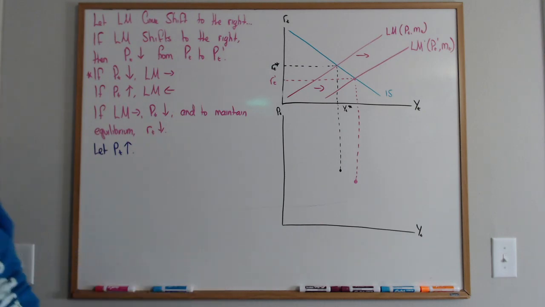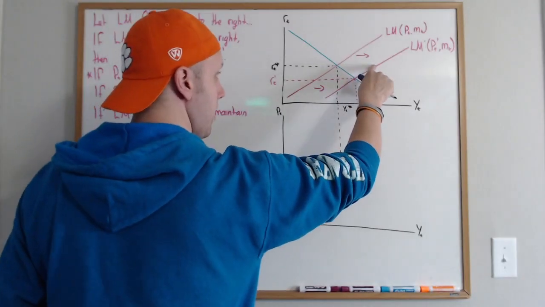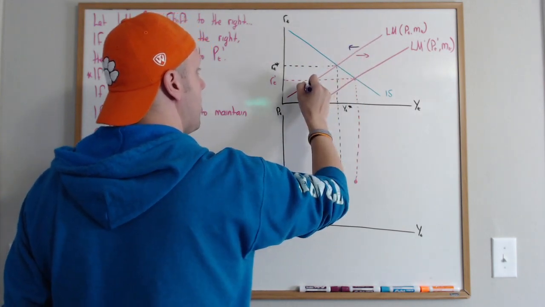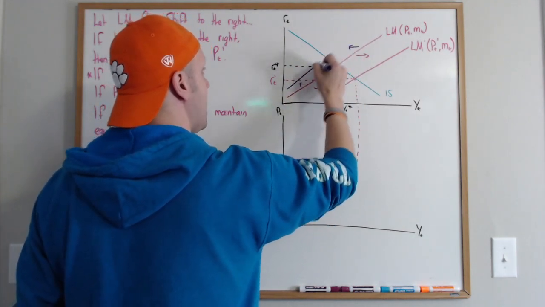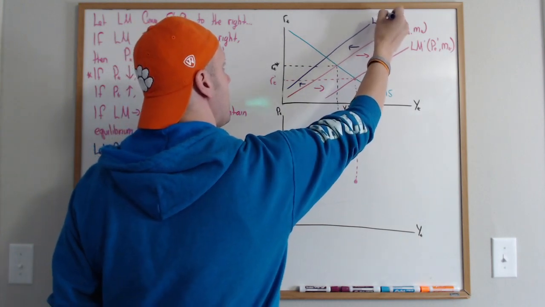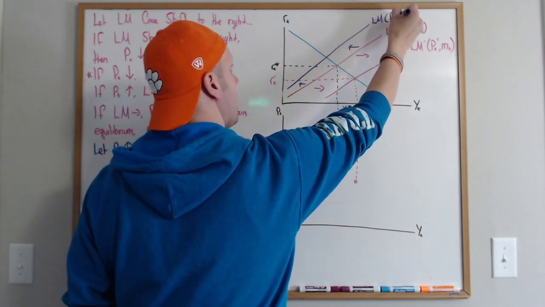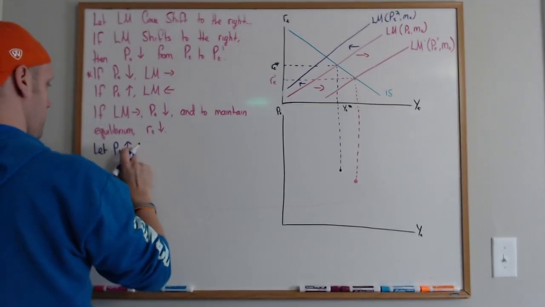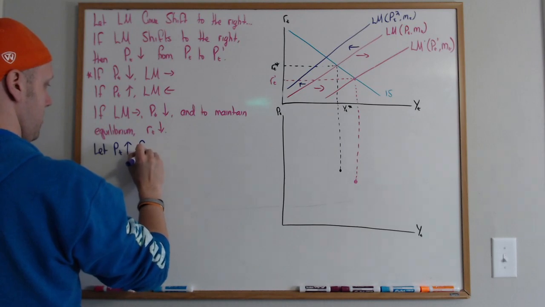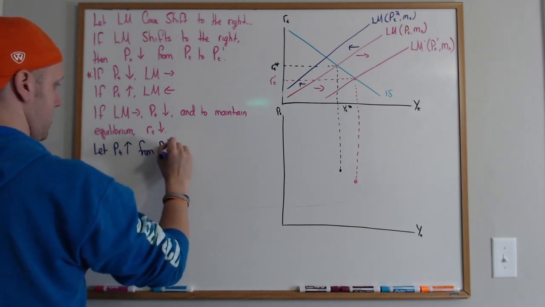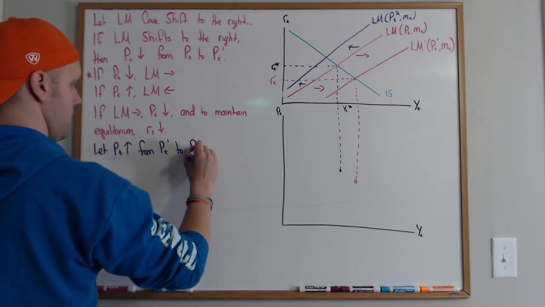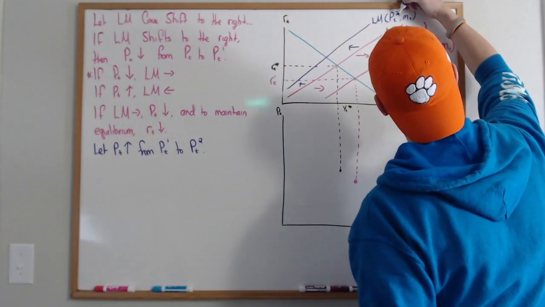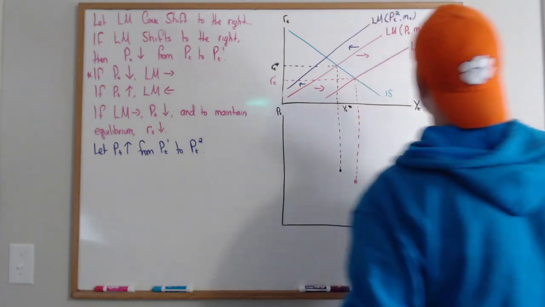Now, if the price level increases, initially, when it fell, the LM curve shifted out. But if the price level goes up, what happens is this LM curve shifts in. So it's going to shift from, say, PT1 to PT2. There we go.